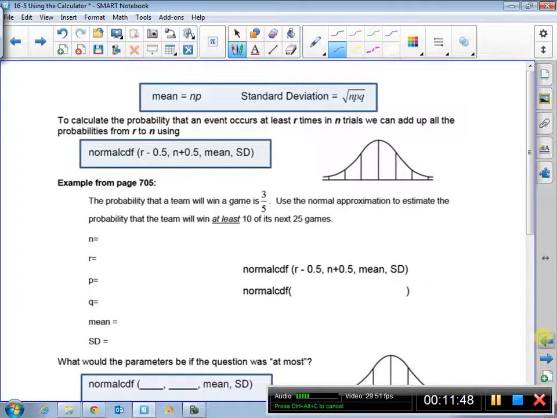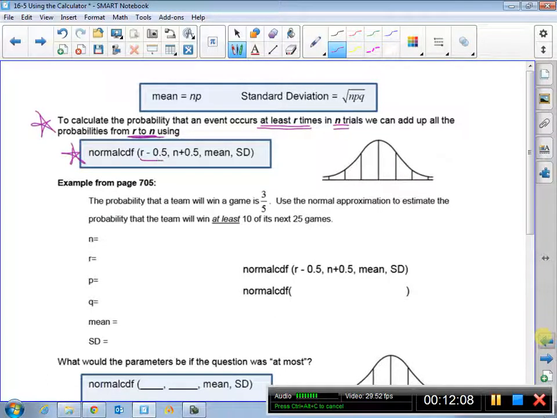So to calculate the probability that an event occurs at least r times in n trials, we would add up all the probabilities from r to n using this. And here's what I did.